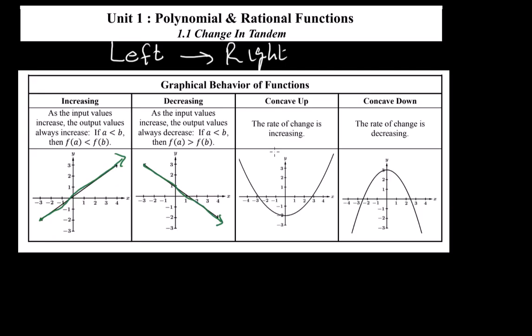Now there is a new concept that we haven't encountered prior to this course. How do we know what concave up and concave down are? In AP Calculus or college calculus, we will learn the actual definition of concavity. For now, concave up is when the graph is facing upward, like a smiley face.